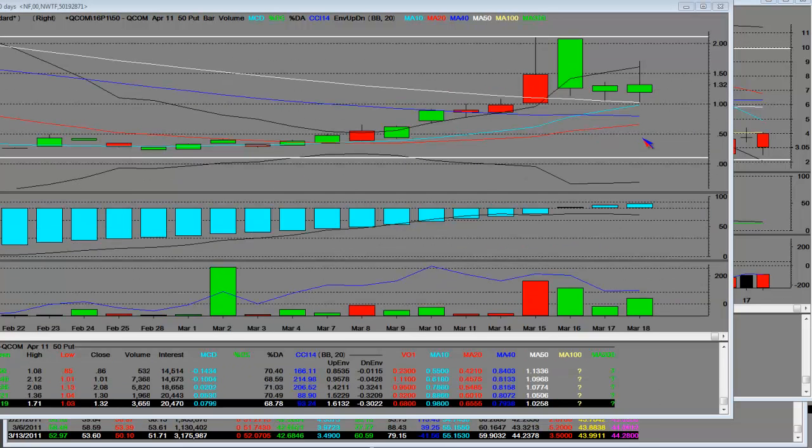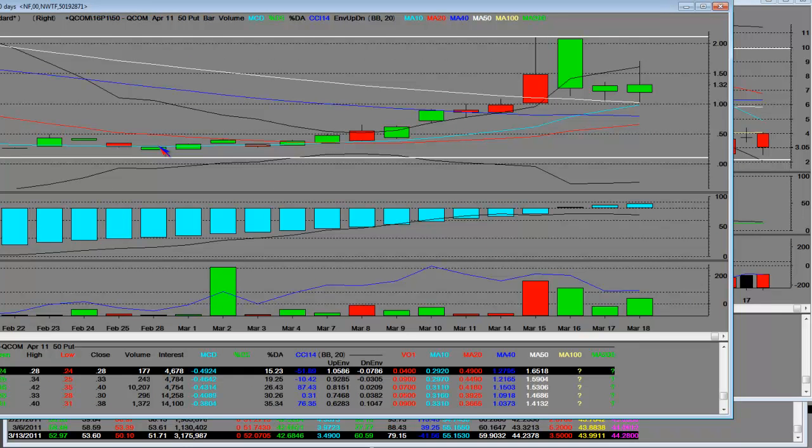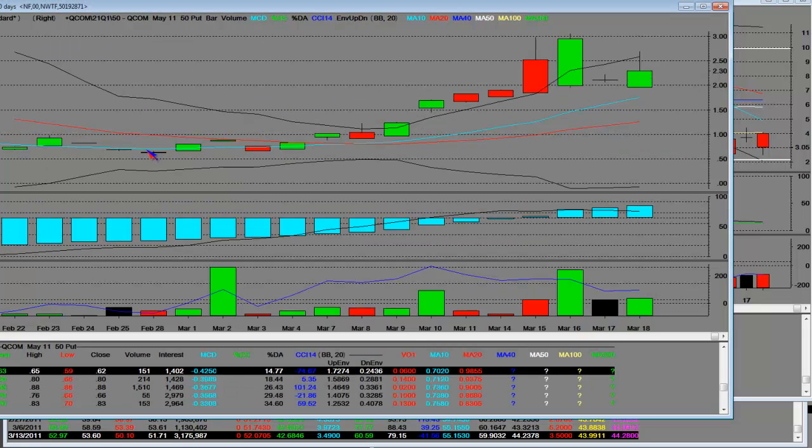Here's your $50 put for April. And this one got to 24 cents, and the May $50 put got to a yield of 59 cents. So there's roughly a little bit of a difference. 24 and 59 was the premium difference between the inline month coming up and the frontline month in May that I just showed.